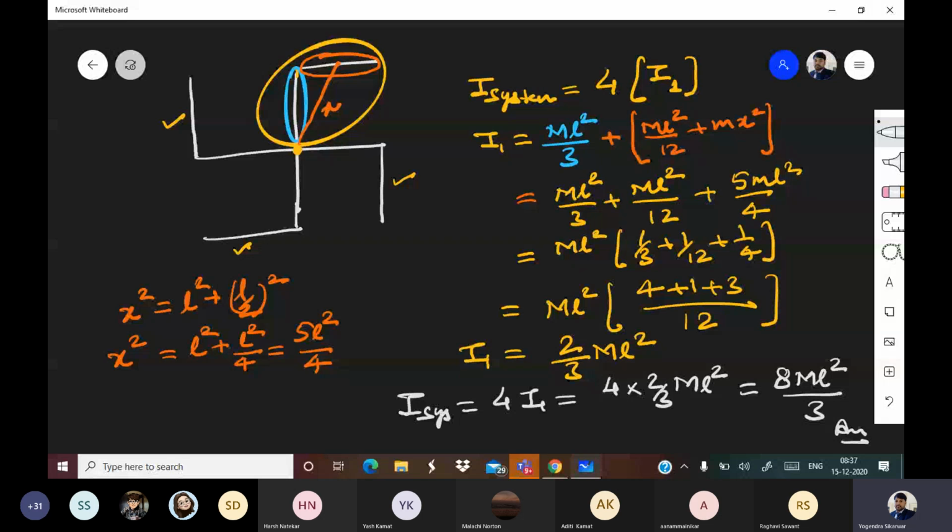How many of you got the correct answer? This is the answer. Tell me. Rishikesh is saying, sir, it should be 5 by 4. Which should be 5 by 4, Rishikesh?